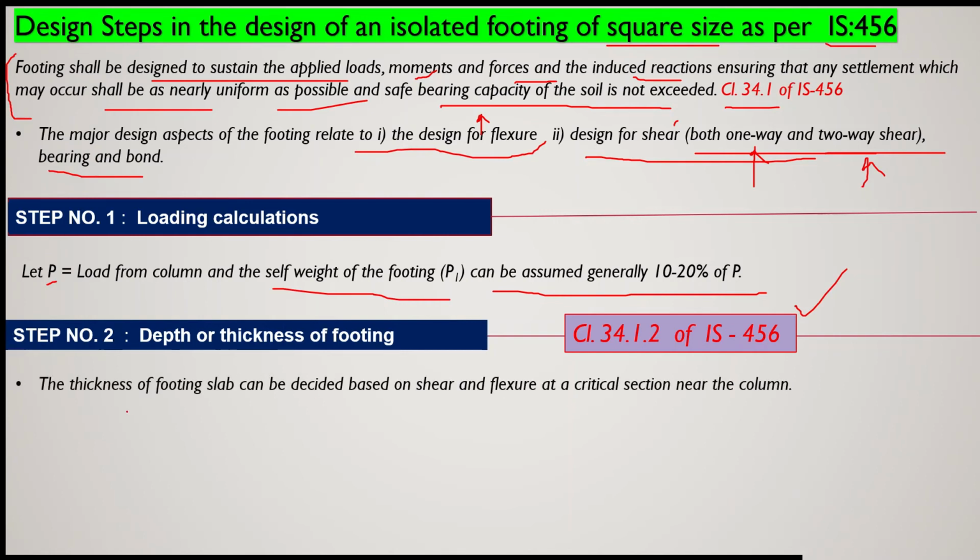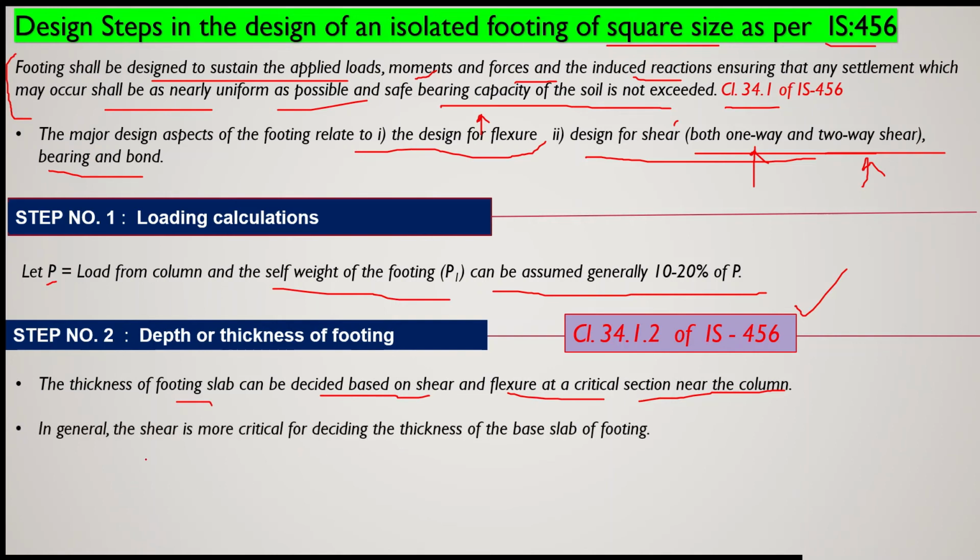Now the thickness of the footing slab can be decided based on shear as well as flexure at a critical section near the column, and for that we will look at the guidelines given in IS 456. In general, the shear is more critical for deciding the thickness of the base slab of the footing.